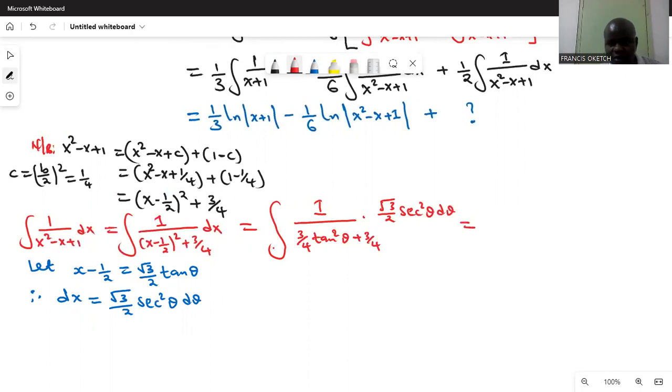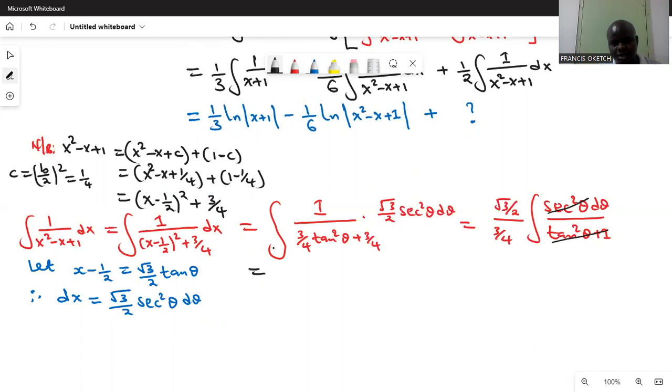If I simplify this, 3 over 4 is common in the denominator. So I can see this root 3 over 2 in the numerator divided by 3 over 4 in the denominator, times sec squared theta d theta over tan squared theta plus 1. And you see tan squared theta plus 1 is the same as sec squared theta.